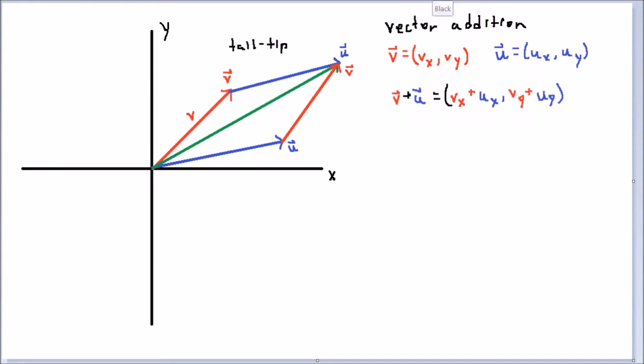Subtraction is kind of related, it's kind of similar actually. Subtraction you can think of as just adding the negative of this vector. So say if we wanted some v minus u, well, mathematically we could just subtract the components, which I don't have to write.